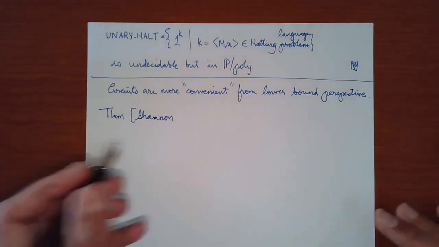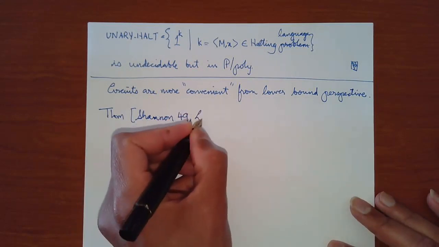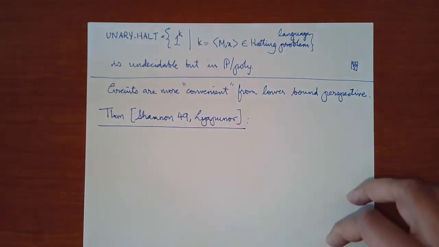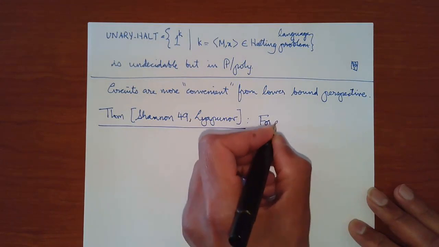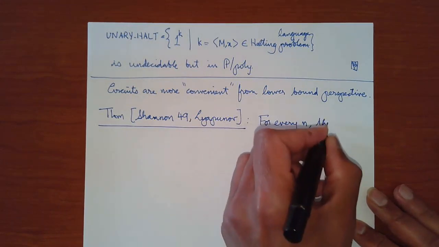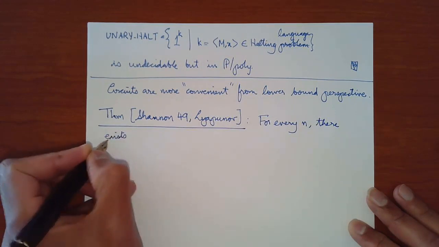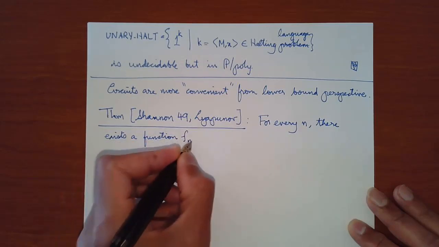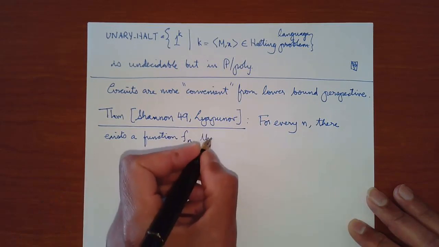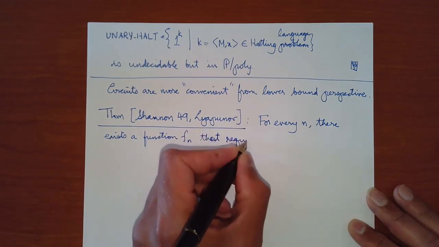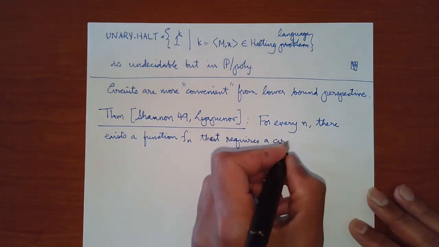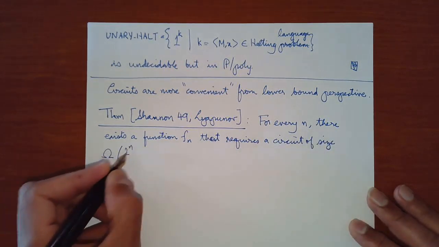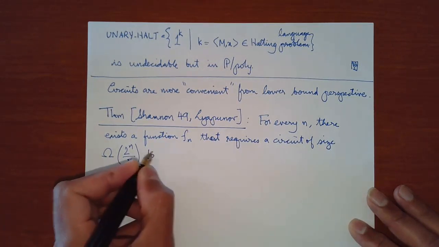What Shannon proved, and I'm just getting the year, in 49, this was also proven by Lyapunov, is that for every n, there exists a function f_n that requires a circuit of size Omega(2^n / n) to compute.